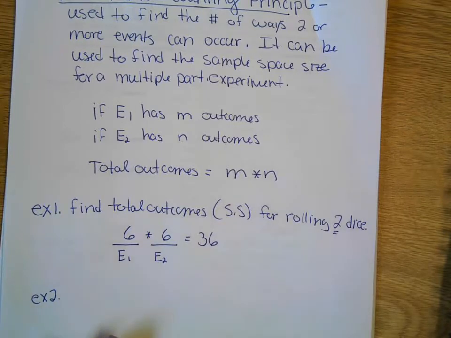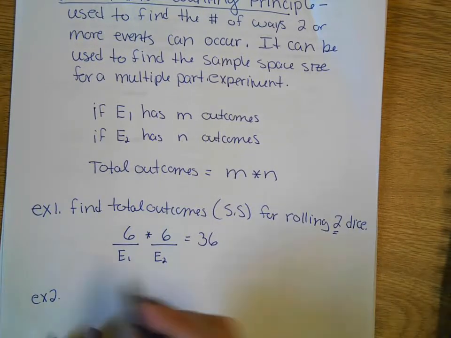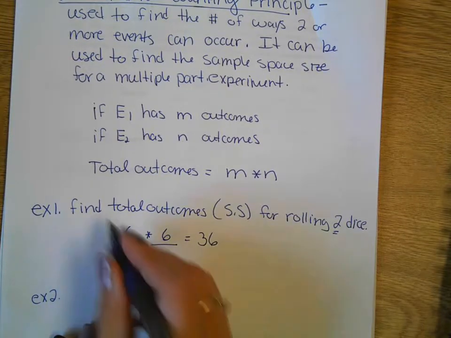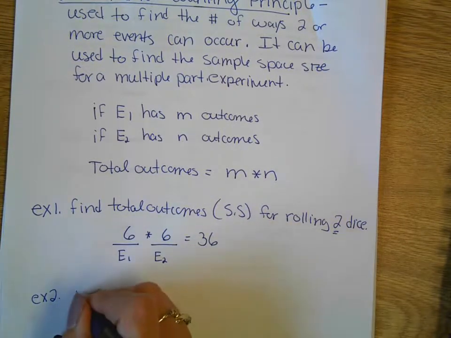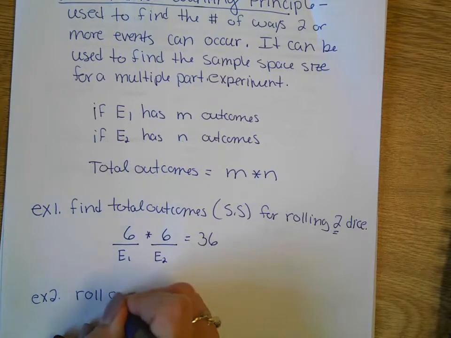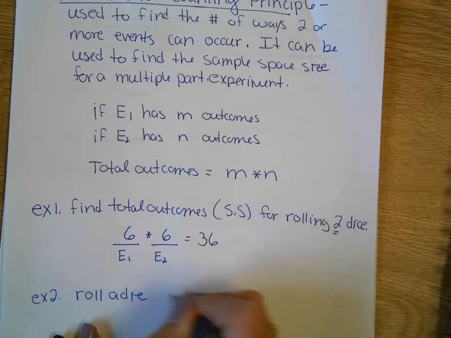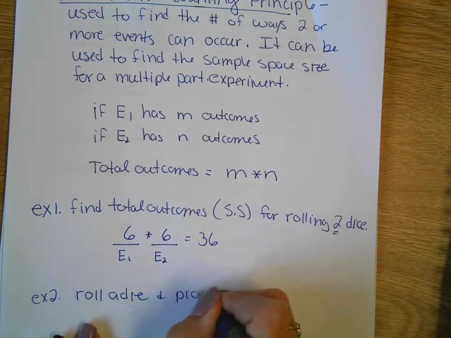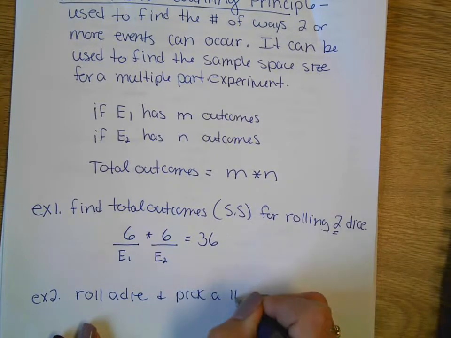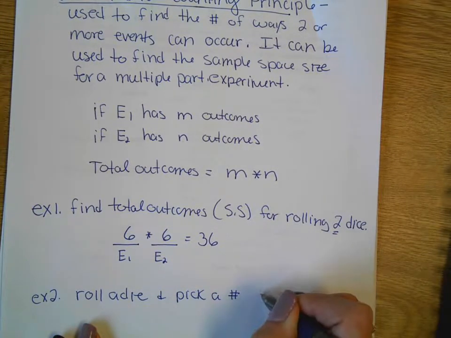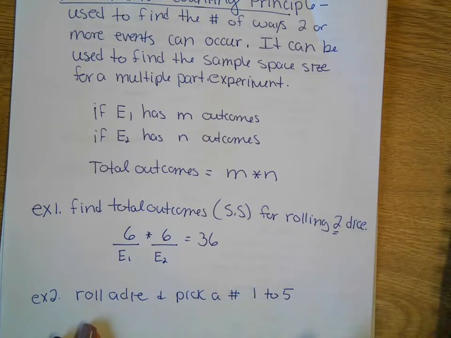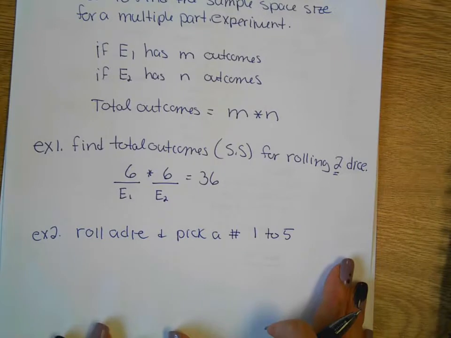Yesterday on your review packet, one of them said find the probability of, let's see, these are all find the total. Rolling a die and picking a number from 1 to 5. How many outcomes will there be for those two things?